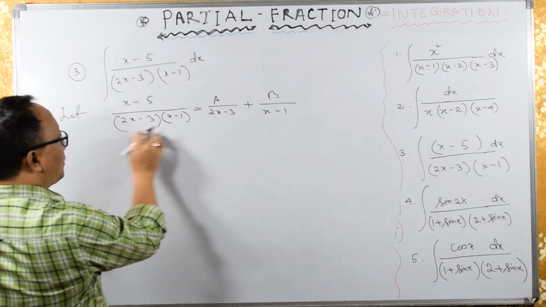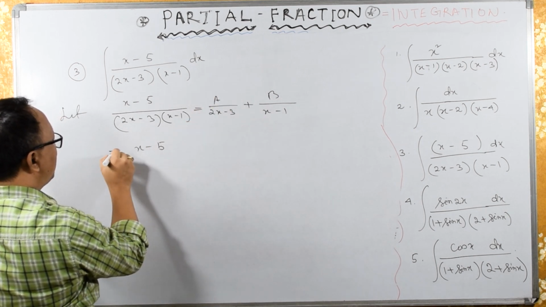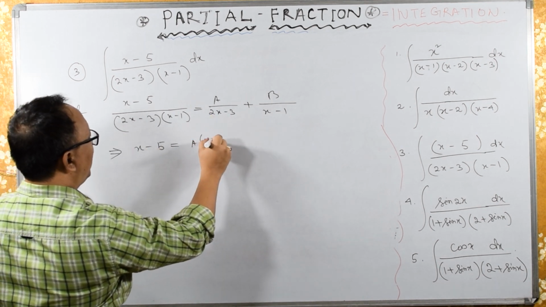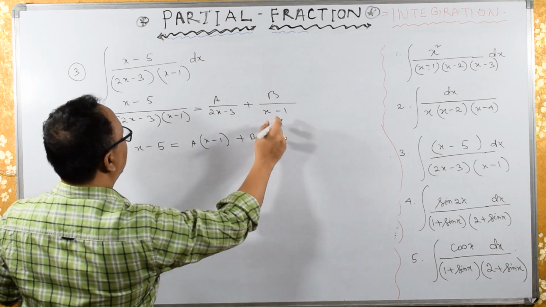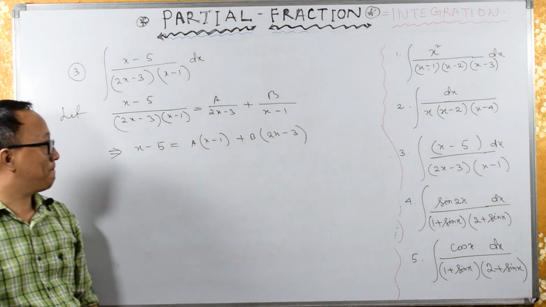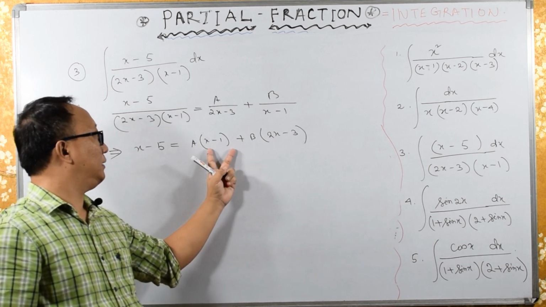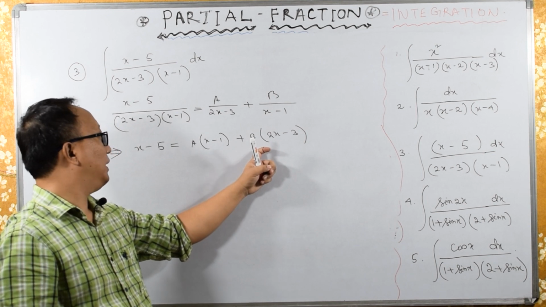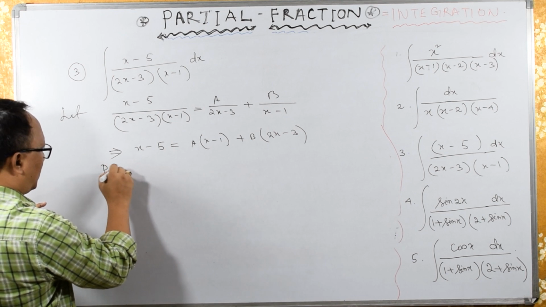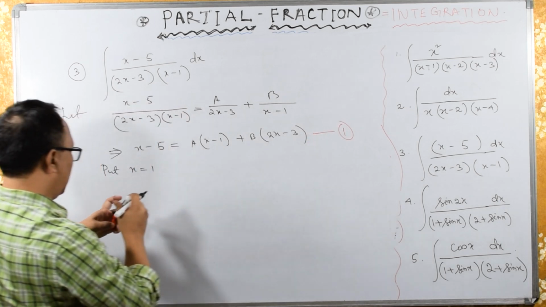Multiplying both sides, we have x minus 5 equals a into x minus 1, as this gets cancelled, plus b into 2x minus 3, as x minus 1 gets cancelled. Let's call this equation 1. If we substitute x equals 1, you will get the value of b.